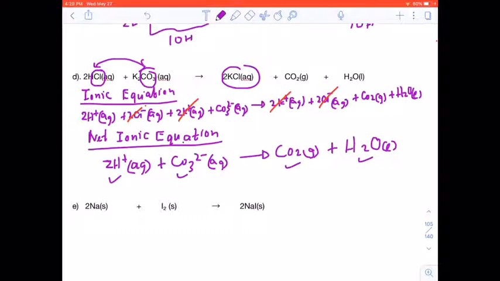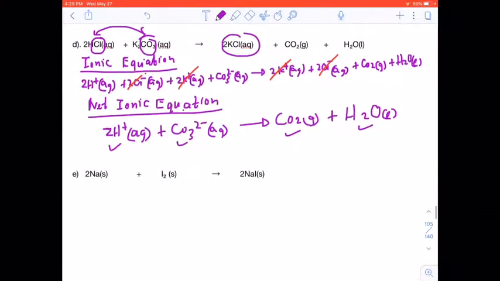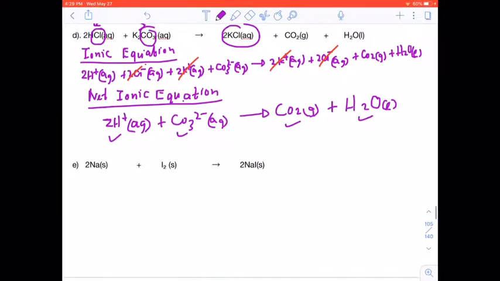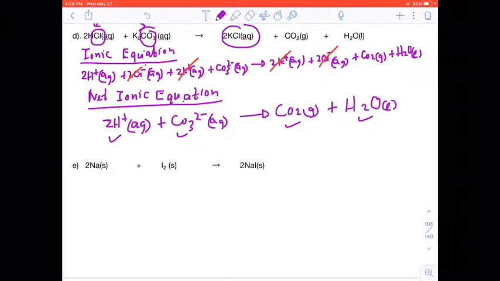Okay, so now let's look at the next one. Here we got sodium, right? Which is neutral, that we know is neutral, isn't it? That's neutral. And here this is also neutral, right?